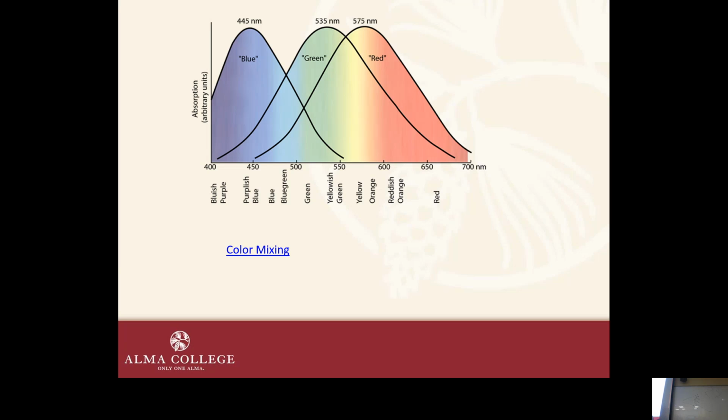That combination gives the brain the impression that what is seen is yellow. And depending on which one is more intense compared to the other, we get closer to red, orange, or more to a light yellow.